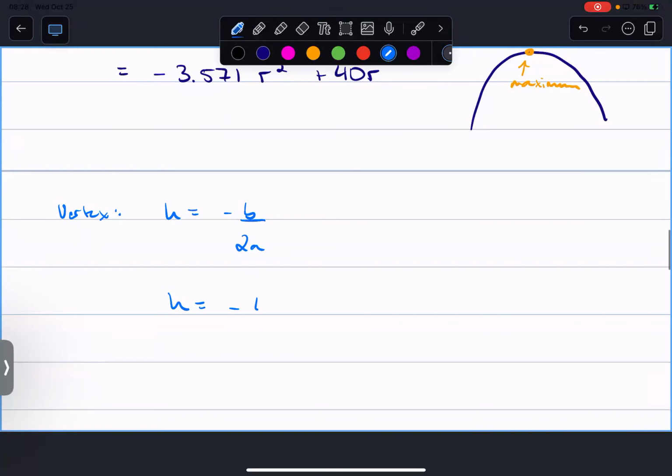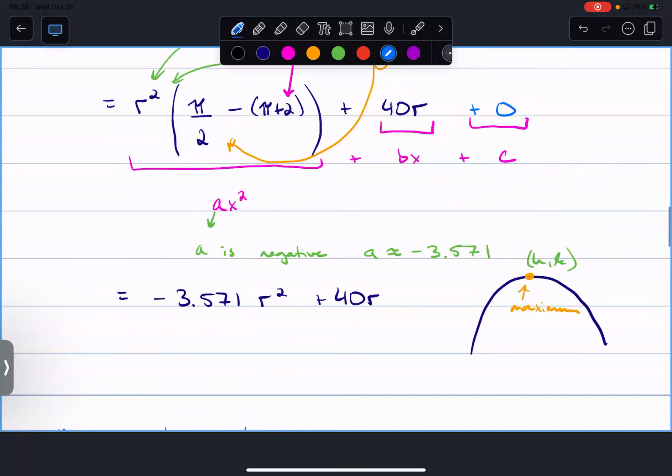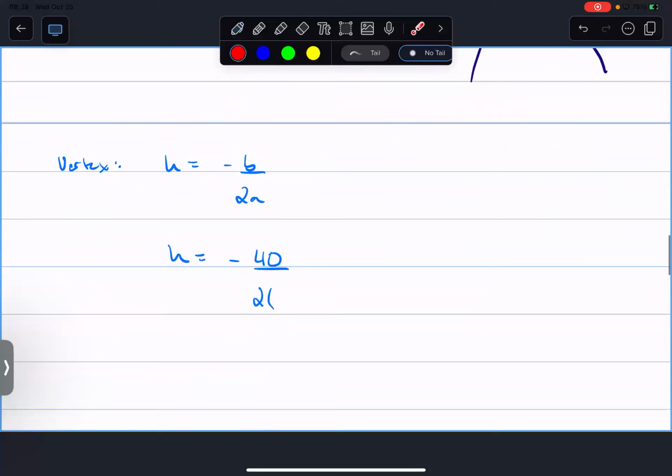Negative b, which is negative 40 divided by 2 times. Now, if you wanted to, you could keep all the pi's and do all that fun stuff, but putting it over a common denominator of 2 is going to make it a little bit easier. Why? Because then it's going to cancel with this 2.